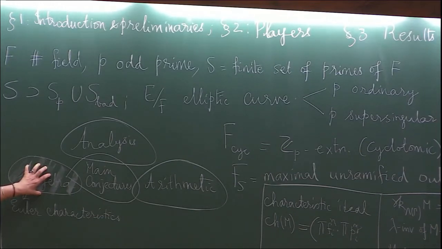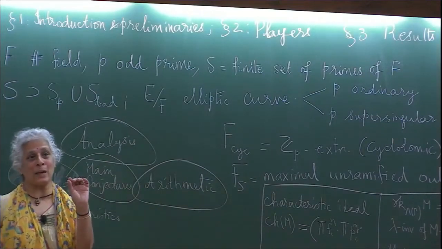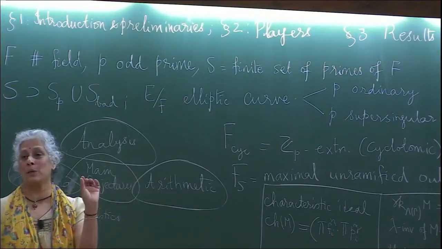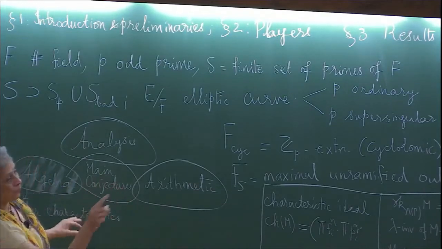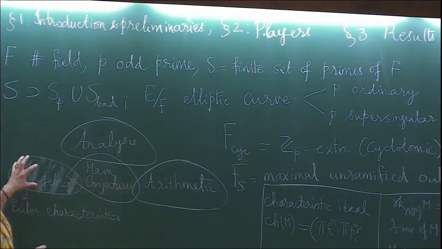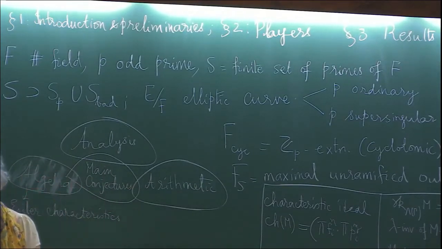The main conjecture tells you that there's a p-adic Riemann zeta function, which you think of as a measure and therefore as an object in the Iwasawa algebra. This p-adic L function interpolates the values of the usual Riemann zeta function, and the main conjecture tells you that for that Galois group, the characteristic ideal that you get from algebra is also generated by the p-adic L function. So that's the link.